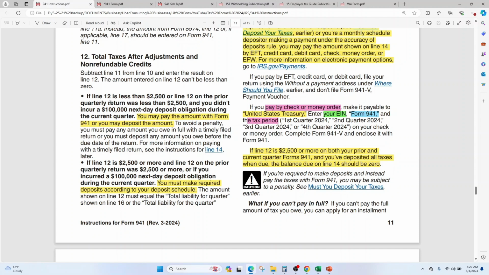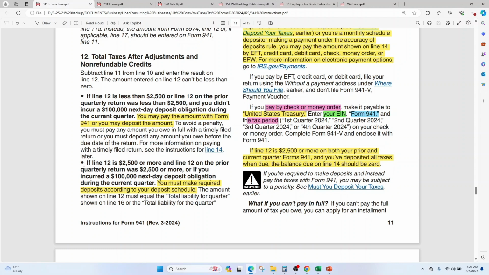If line 12 is less than $2,500, or line 12 on the prior quarter return was less than $2,500, and you didn't incur a $100,000 next-day deposit obligation during the current quarter, you may pay the amount with Form 941, or you may deposit the amount. To avoid a penalty though, you must pay any amount you owe in full by the due date of the tax return.